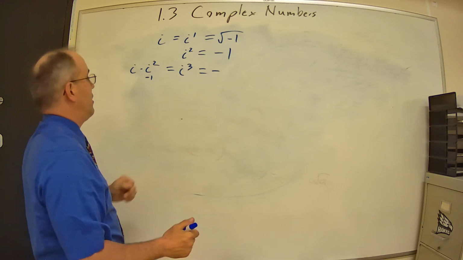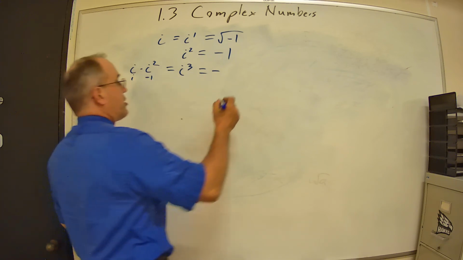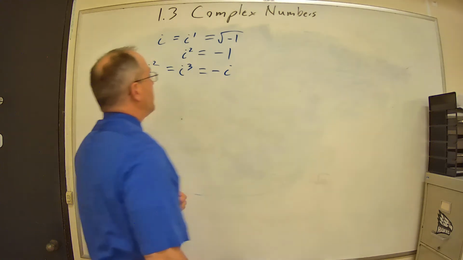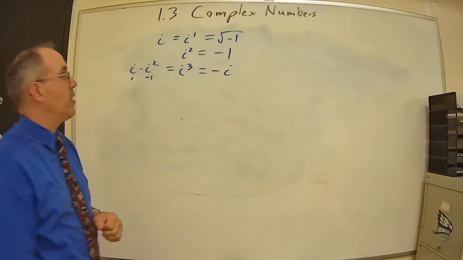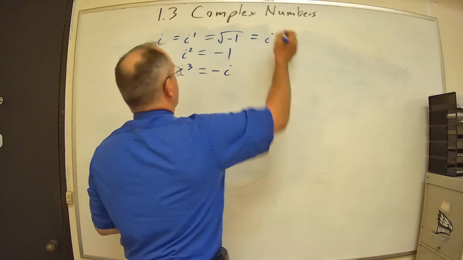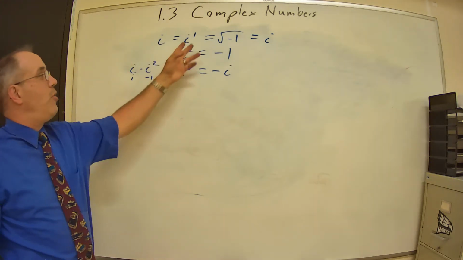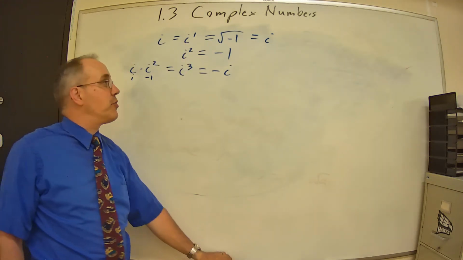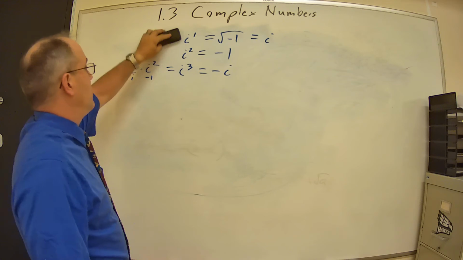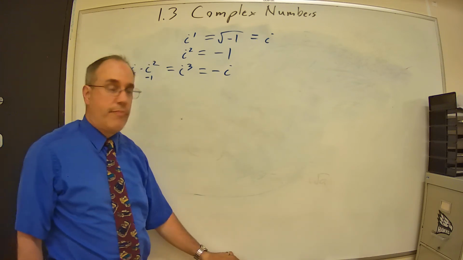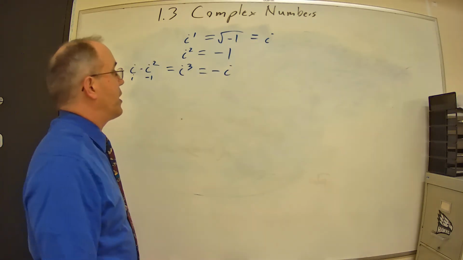So we have i, so we can just say that's negative i. I'm going to put this here and just remind us that i to the 1 is equal to the square root of -1 is equal to i. So I'm just going to leave those on that side so we see what's happening.